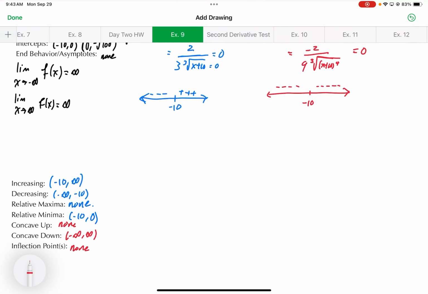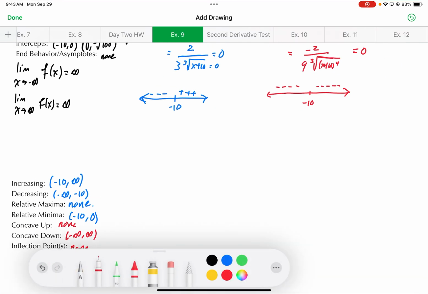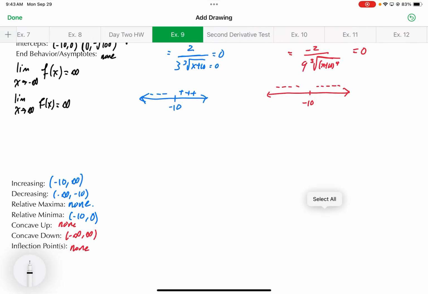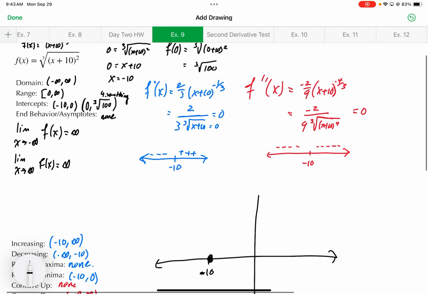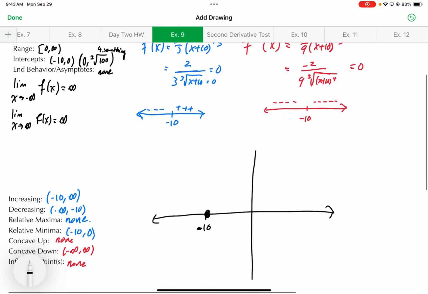All right, let's graph it, just for vid. All right, so negative 10 is a thing. Negative 10 is 0, actually. I know what that point is. And then we also have an intercept at 0, and then the cubed root of 100, which we agreed was somewhere between 4 and 5.